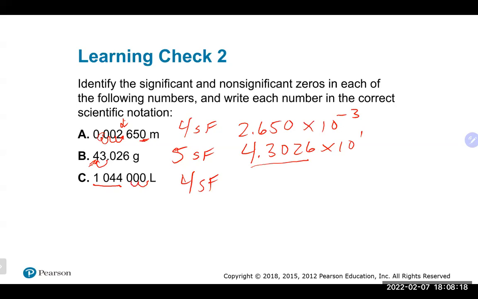So we would go 1, 2, 3, 4, 5, and 6 places there to the left. And that would yield us 1.044 times 10 to the 6. Again, in this case, we would drop the zeros to maintain the significant figures. Any questions on that?